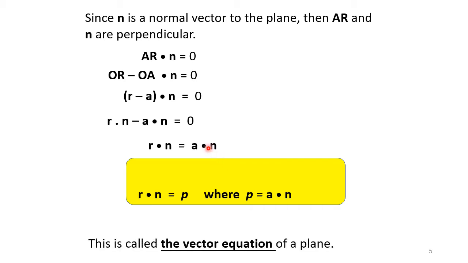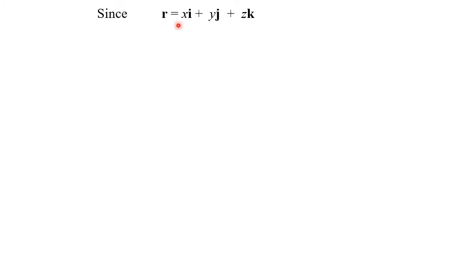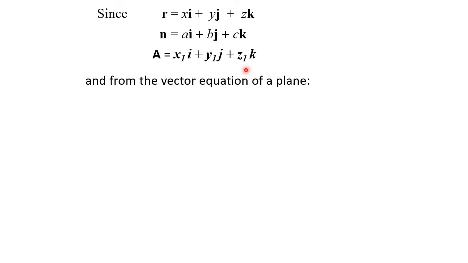So if we have R, usually it refers to the vector equation of the plane. And we know we can replace R with xi plus yj plus zk. And also N will be ai plus bj plus ck. And then A will be x1i plus y1j plus z1k.